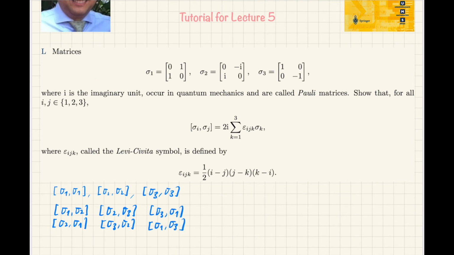Yes, these are the 9 cases that in principle I should consider. But of course, the commutator of every matrix with itself is the zero matrix. So this is the zero matrix, this is the zero matrix, this is the zero matrix. So I need to confirm that for these cases, the right-hand side is also the zero matrix.